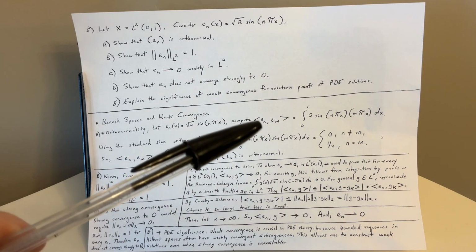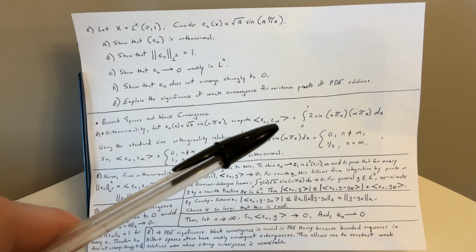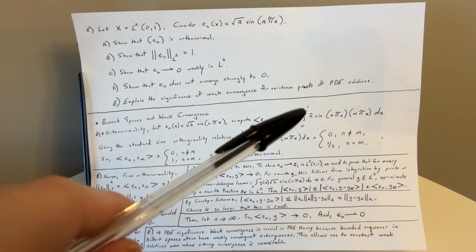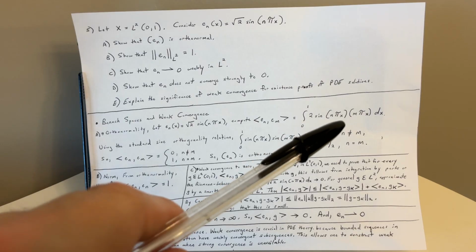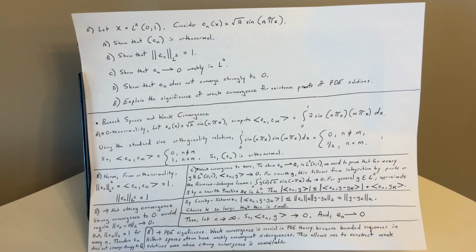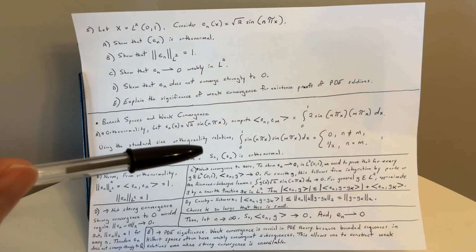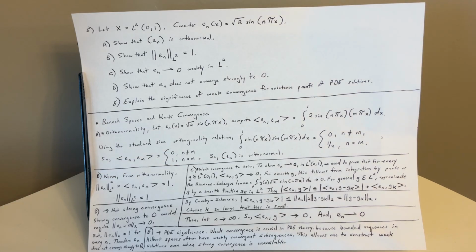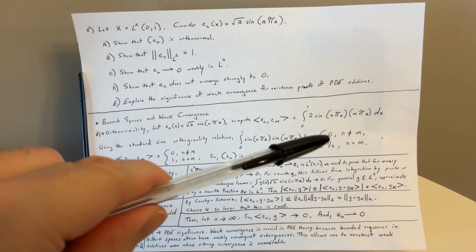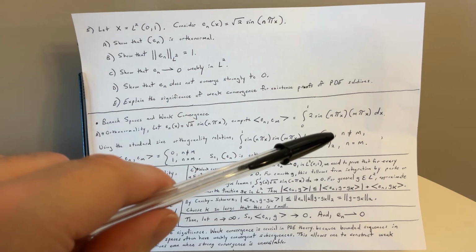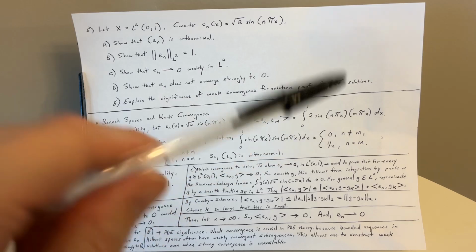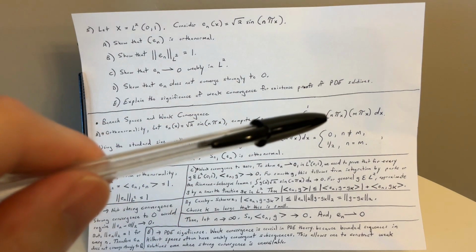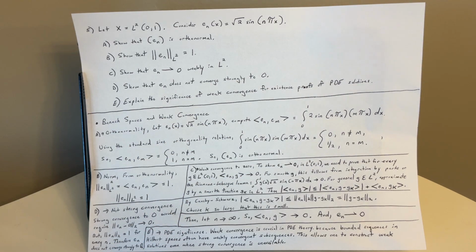And we're going to compute the inner product of e_n and e_m. It's going to give you this integral from 0 to 1 of 2 sine n pi x sine m pi x dx. And using the standard sine orthogonality relation, this integral from 0 to 1 of sine n pi x sine m pi x dx equals this piecewise: 0 where n does not equal m, and 1/2 where n equals m.